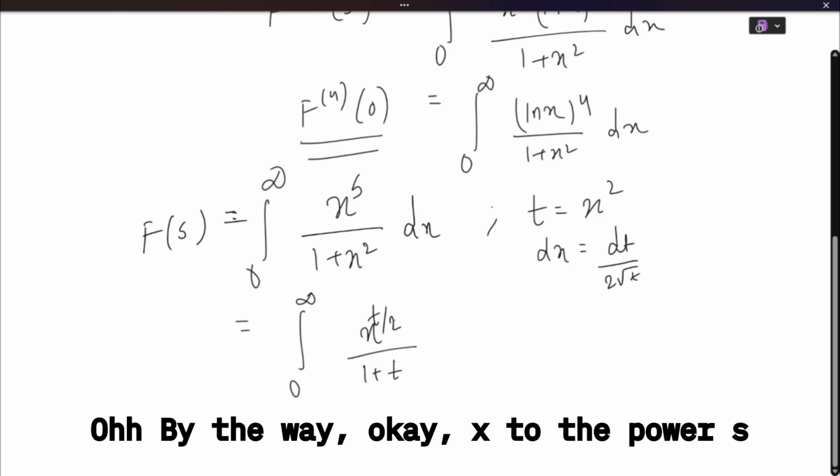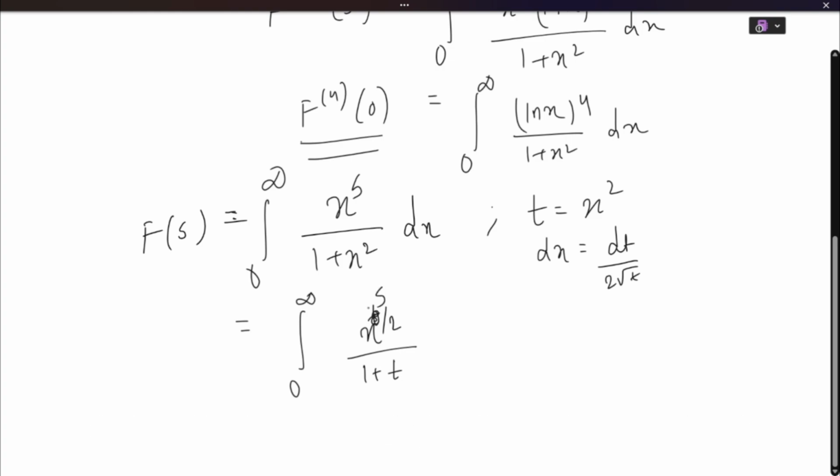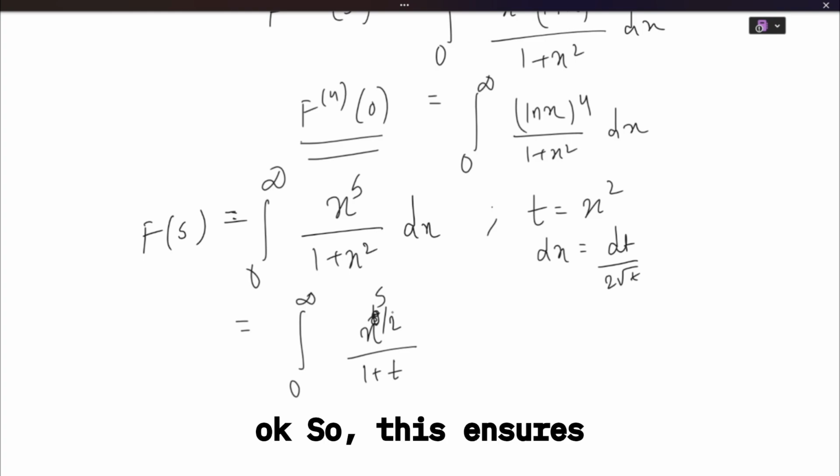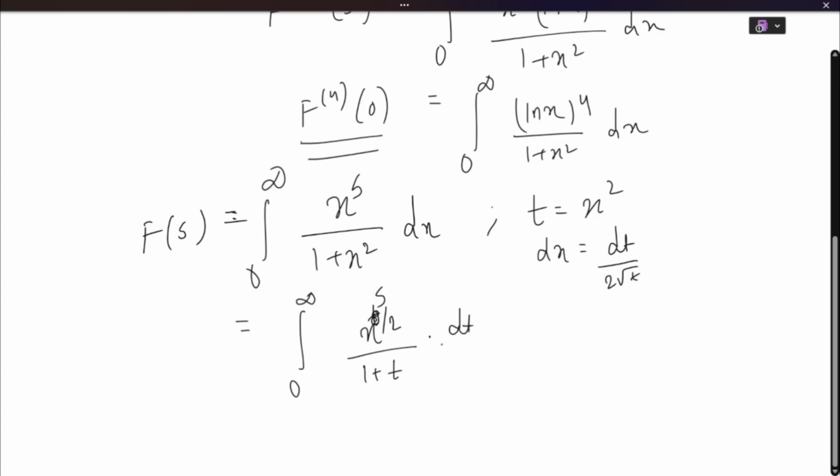By the way, x to the power s actually becomes t to the power s by 2, not t by 2. That's what I was confusing here. So this ensures that we have dx left only, which is dt upon 2 root t.